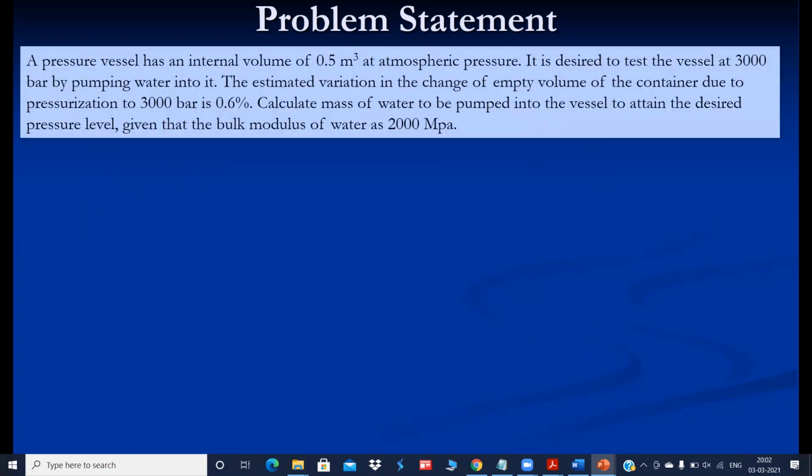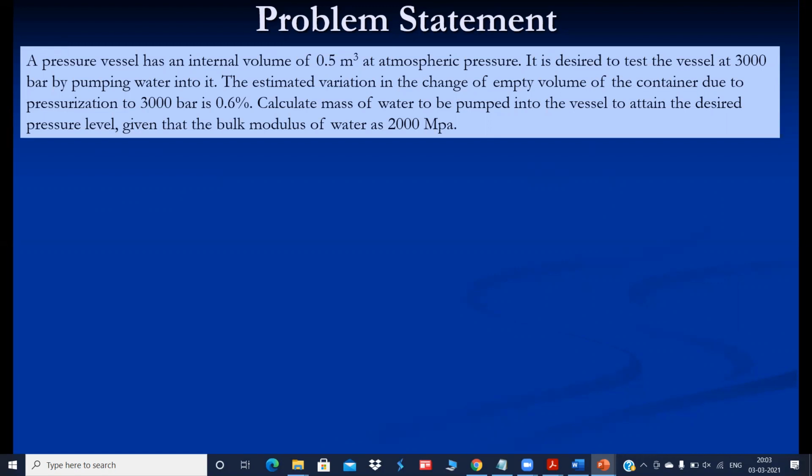The second numerical. The pressure vessel has an internal volume of 0.1 meter cube at atmospheric pressure. It is desired to test the vessel at 3000 bar by pumping water into it. In pressure vessel testing, generally the water is pumped at a very high pressure, that is 3000 bar.